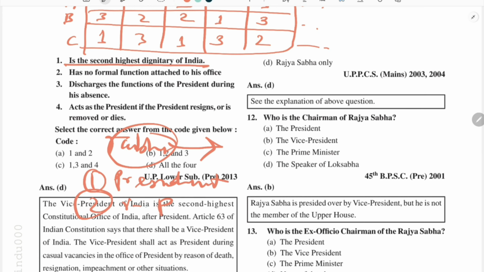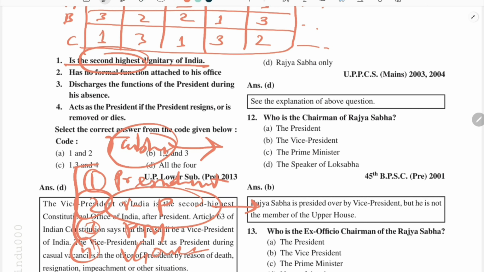Second is the vice president, the second highest constitutional office after the president. Third is the prime minister, and fourth we have the various governors. You can check this table of precedence, which is given in the book. So the vice president is the second highest dignitary of India.